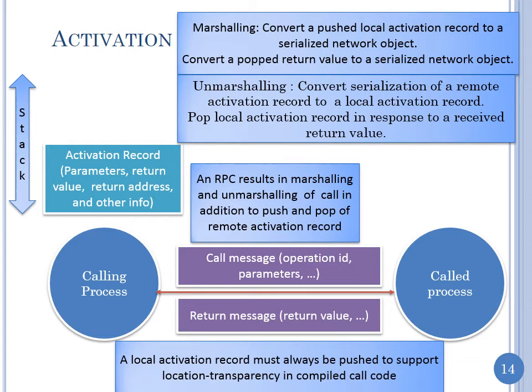So Sun RPC, that call RPC that we saw, is also a local call made, even though it is location aware. You can imagine a system where a local activation record is not pushed, and everything happens inline through some compiler-generated code, but I don't know of a system that does that. A local call is always pushed.